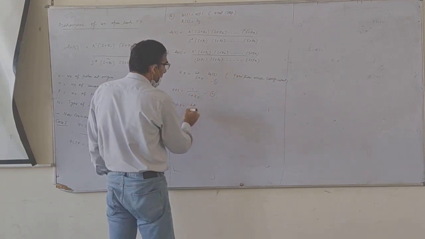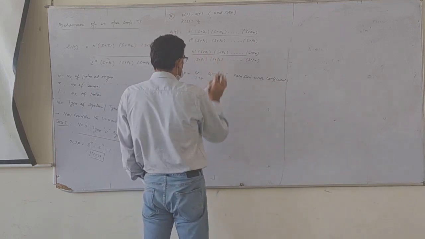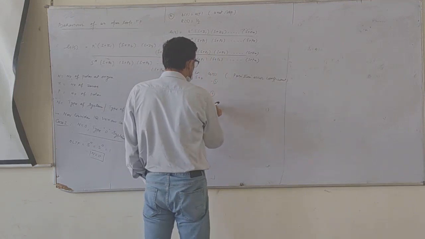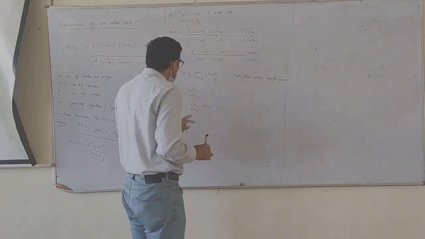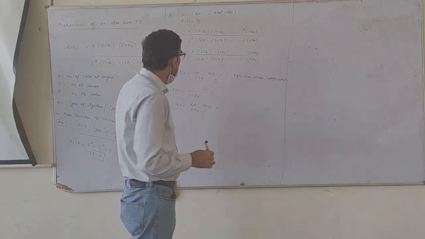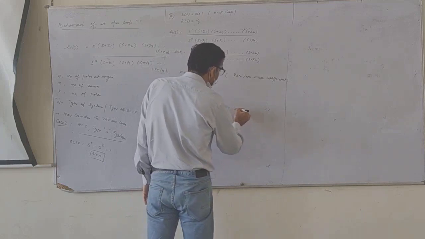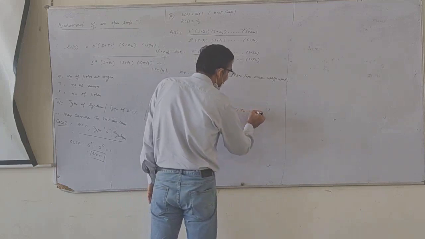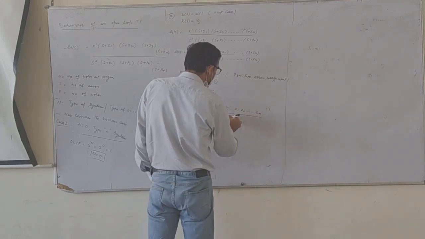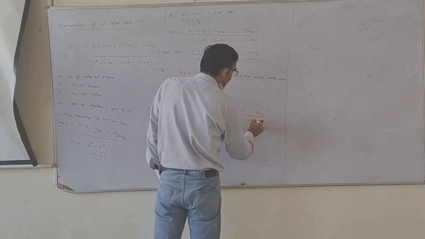As s tends to 0, what is G(s) now? Now you can see G(s) is this complete term. Now if I put s equal to 0, everything with s will be 0. So the term will become K' z1, z2 and so on up to zm, divided by p1, p2 and so on up to pn.